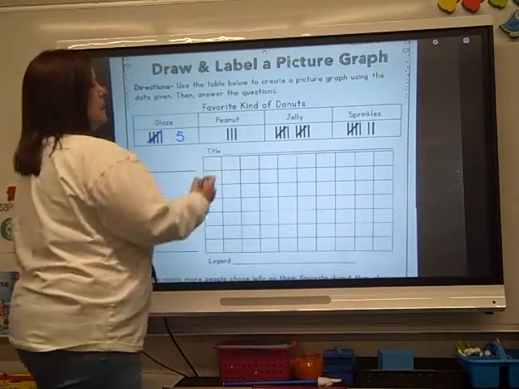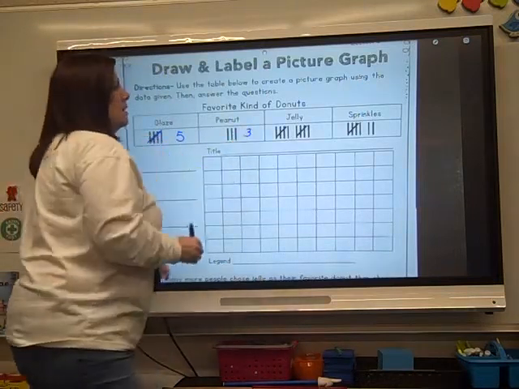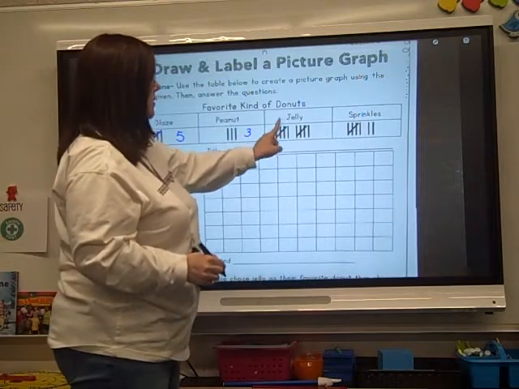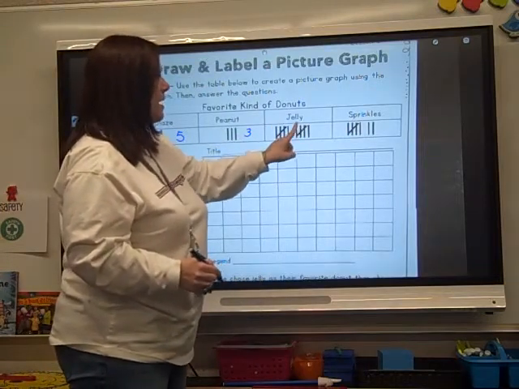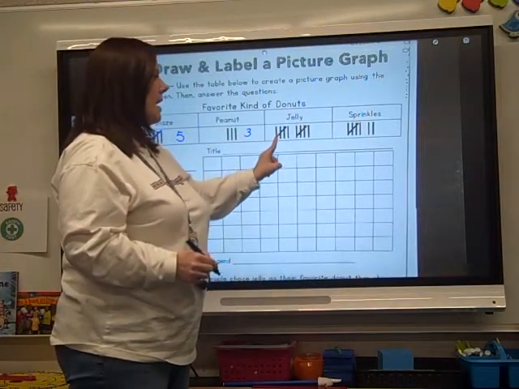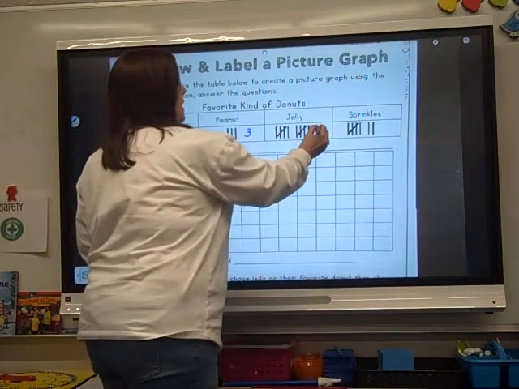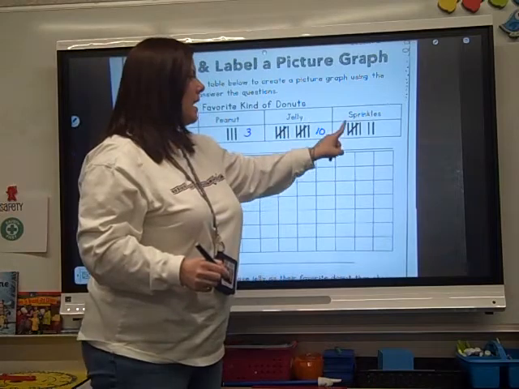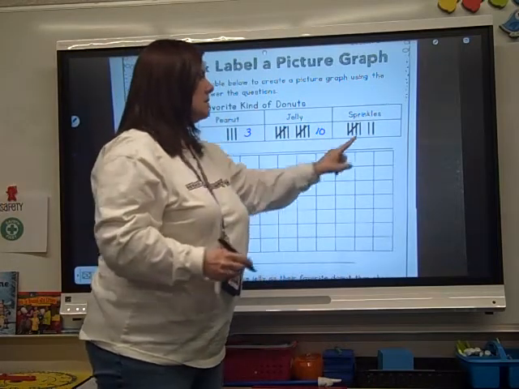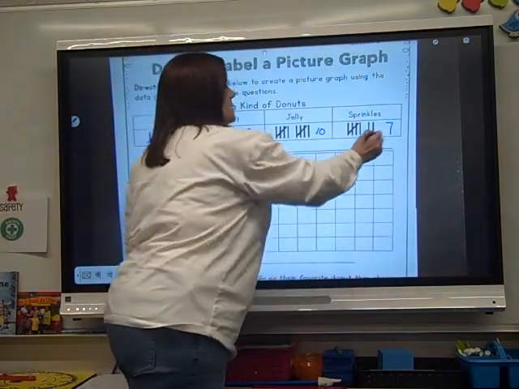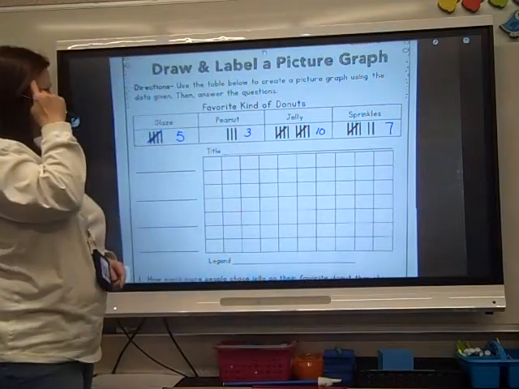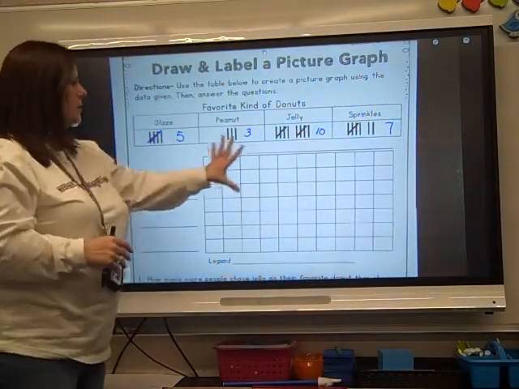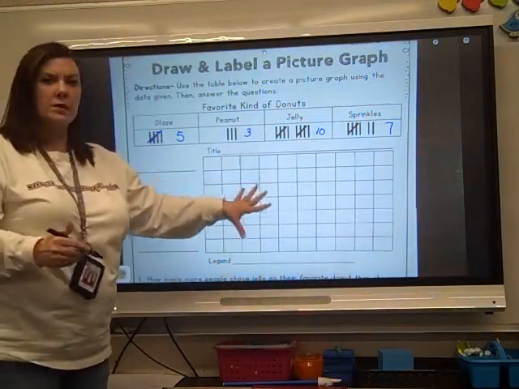Peanut has 3. Jelly, there's a group of 5, there's a group of 5. So let's count that. 5, 10. So that has 10. And then sprinkles. 5, 6, 7. Has 7. Alright.